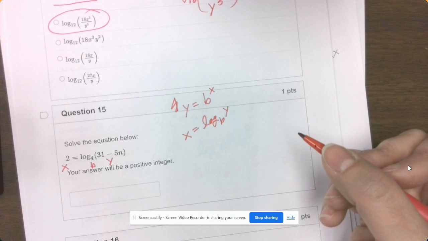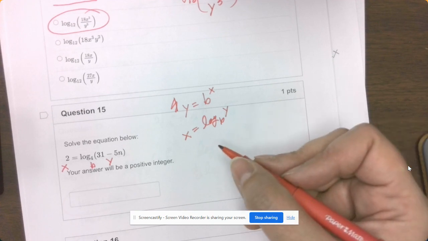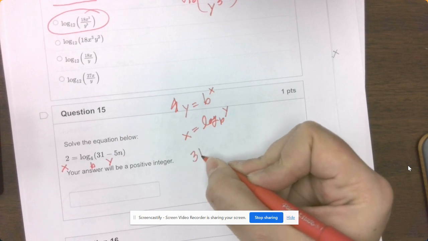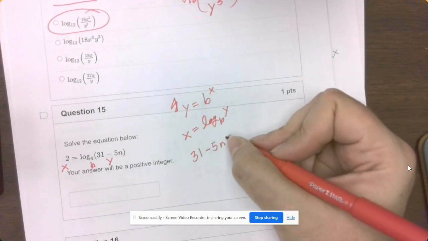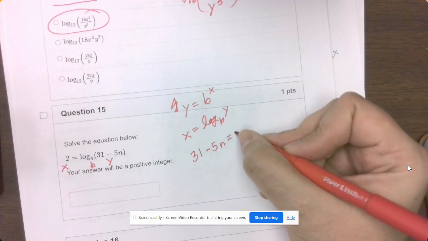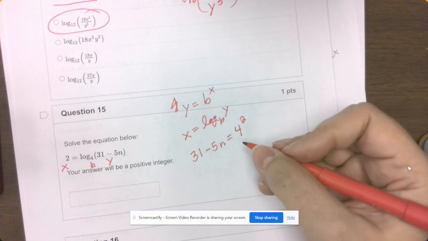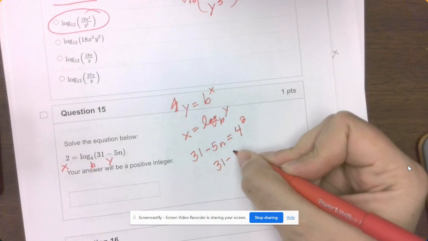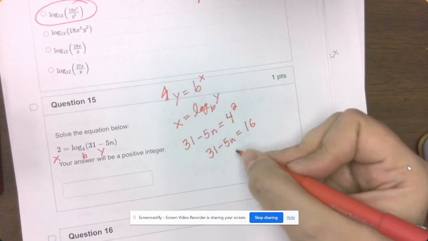Okay, so we're going to rewrite it as an exponential, everybody. Our y value, 31 minus 5n, is equal to 4 squared. So that's going to be 16 minus 31.